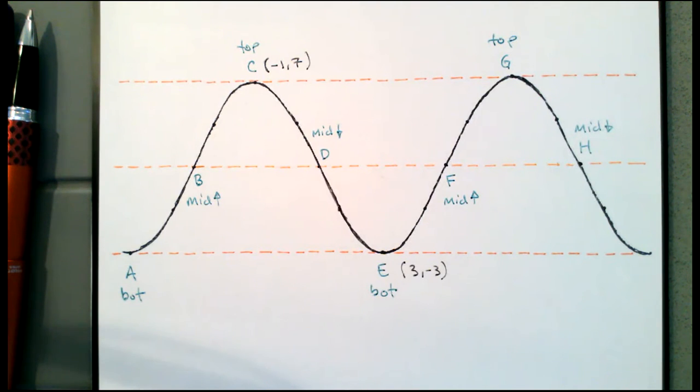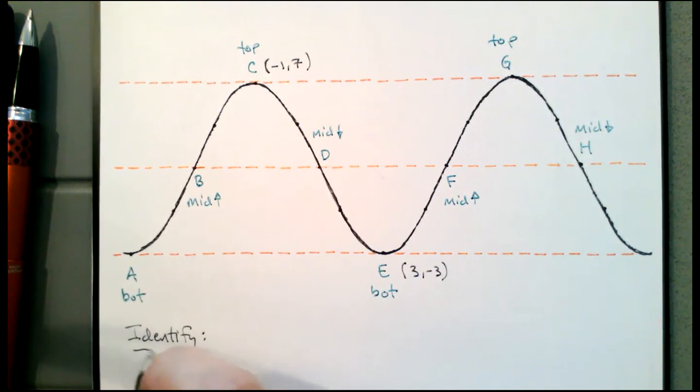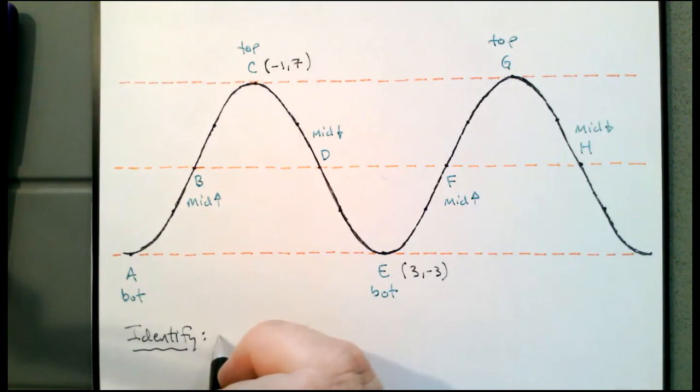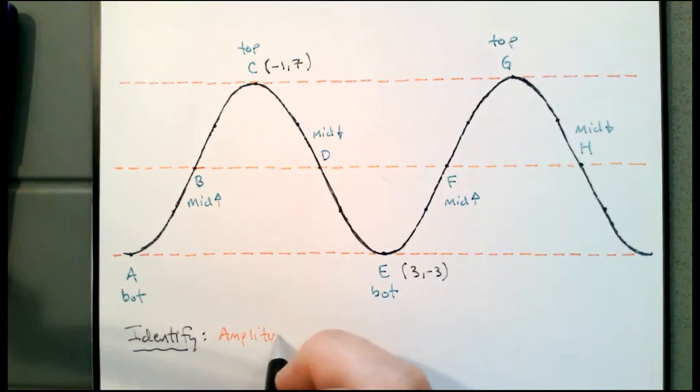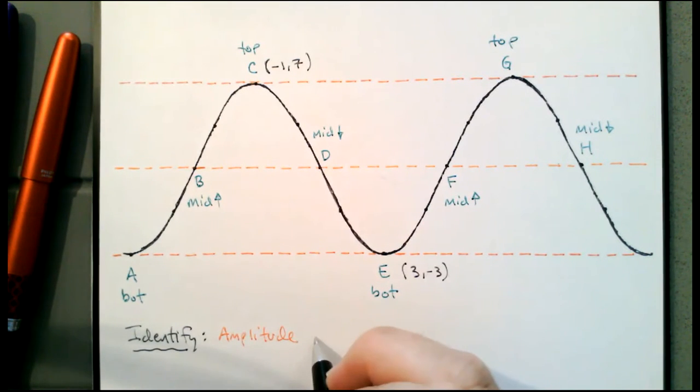So we need to identify 4 things. We need to identify the amplitude. We need to identify the middle.